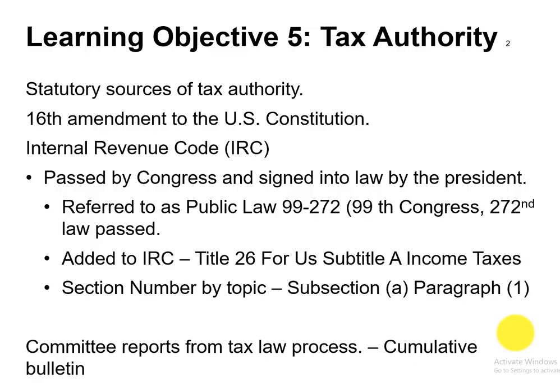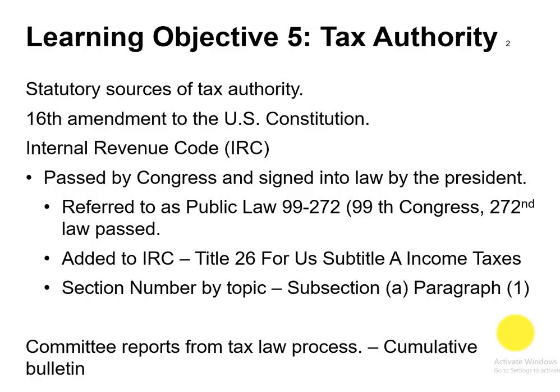Sections can still be quite large, so we break them down further into subsections, which are typically small letters in parentheses, and paragraphs, which are large numbers in parentheses, and then they can have small numbers. Subtitles are large letters, but we're only worried about A, so we don't need to put that in our reference.